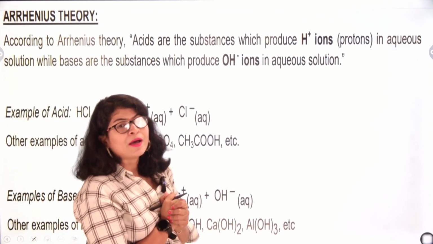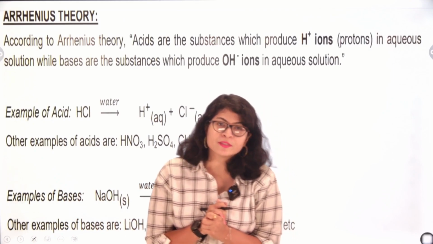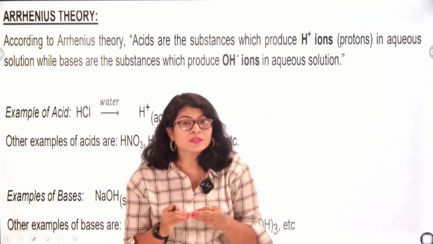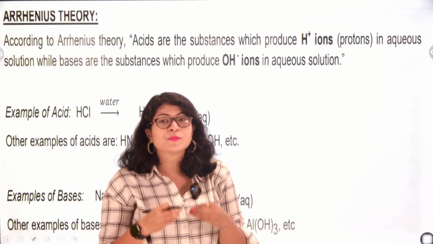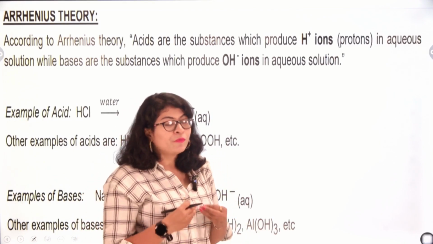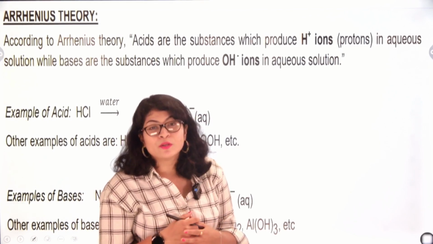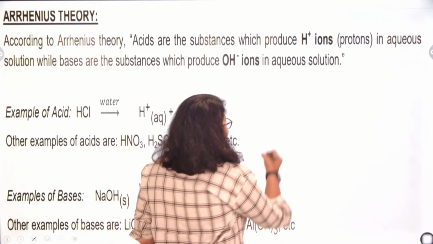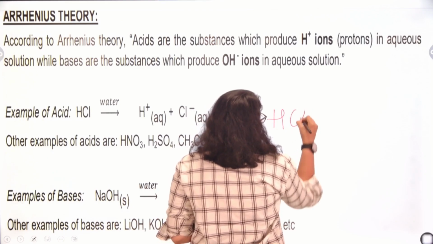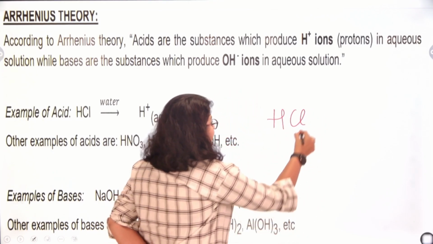First we'll take up Arrhenius theory. According to Arrhenius theory, acids are those substances which furnish H plus ions when they are dissolved in aqueous solution. Let's say I am adding HCl drop by drop to water.